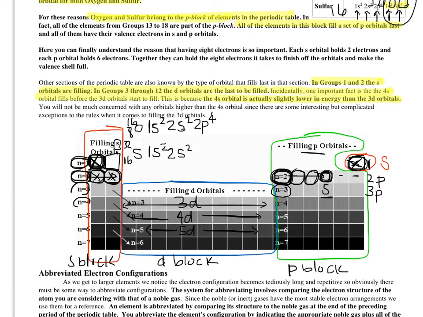And if I go to my 5th, 6th, 7th, 8th, 9th, 10th, right, this time I'm not stopping at oxygen, because I'm writing the electron configuration of sulfur this time. That means I've got 1, 2, 3, 4, 5, 6 elements that are in that 2p section of the periodic table.